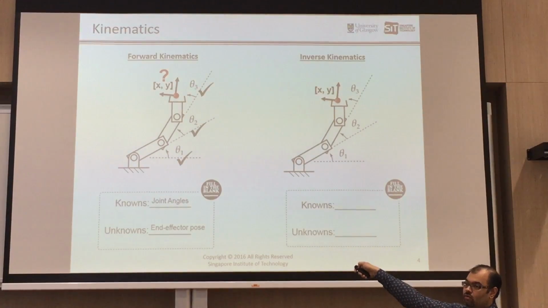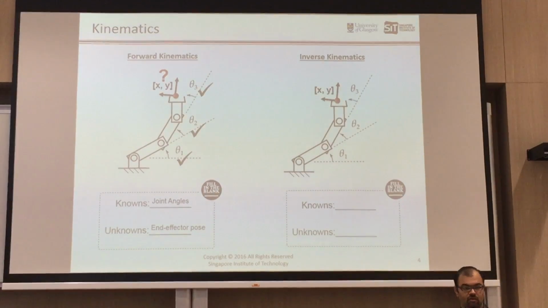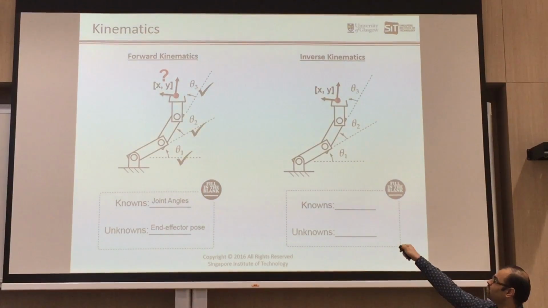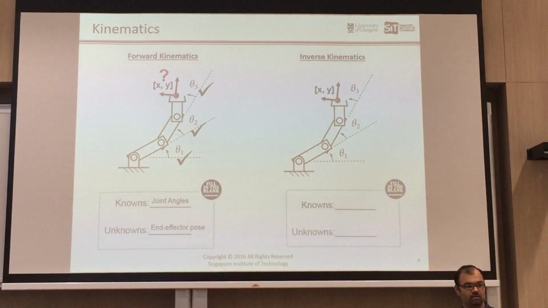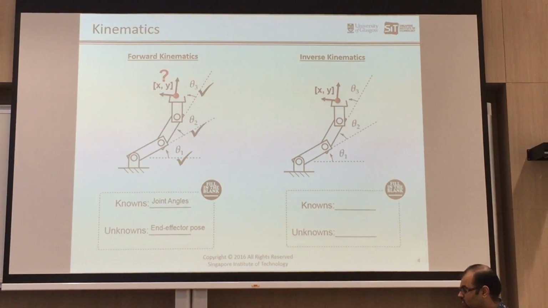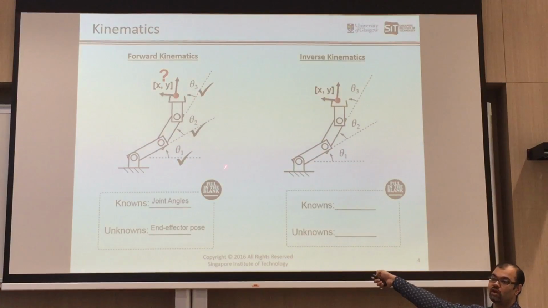Now, when you input things in your joints, it's called a joint space. When you are finding your end effector pose, it's called a task space, or the physical workspace that you have. So whenever you're reading some textbooks and they say joint space, task space, it is referring to this. If you are going to input things in terms of joint angles, it will be your joint space.